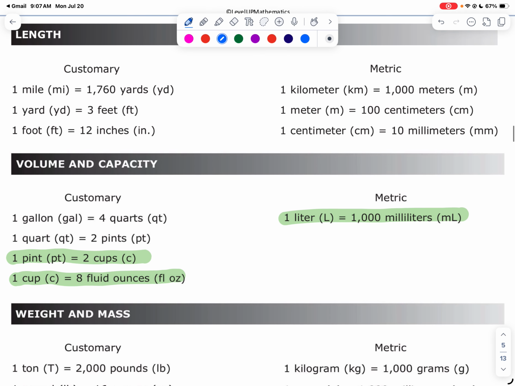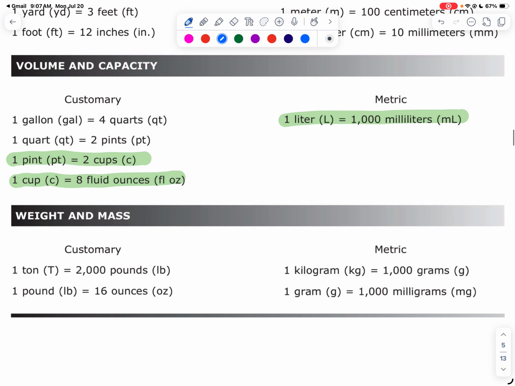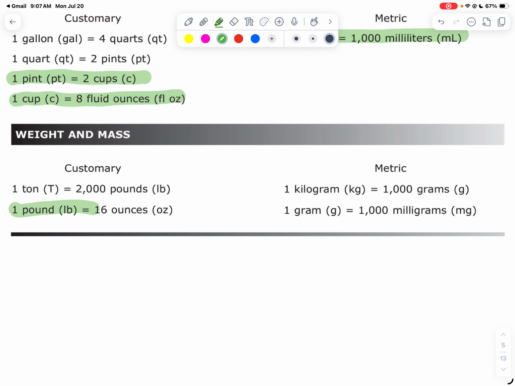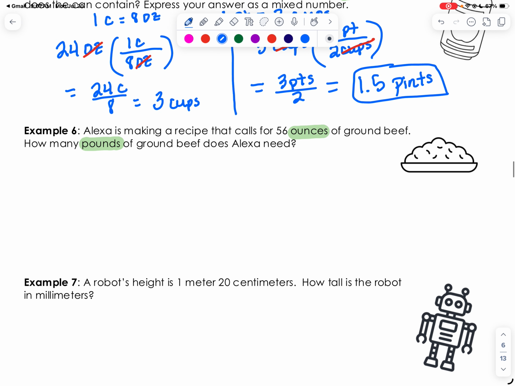Ounces to pounds. All right, here it is. 1 pound is equal to 16 ounces. So that's the unit rate I'm going to write down. 1 pound is equal to 16 ounces. All right. Now start with what you have.